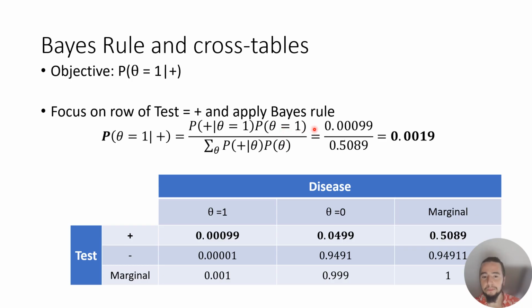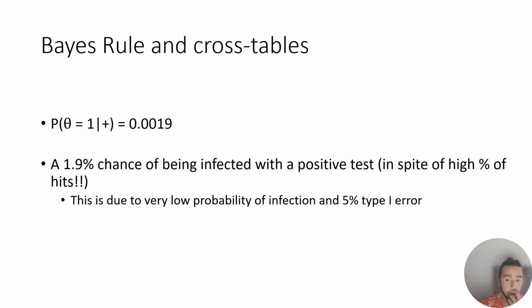We already know this number, 0.00099. We need to divide it by the probability of getting a positive, that is the sum of the other two values. We already know this number, 0.05089. That gives us 0.0019.